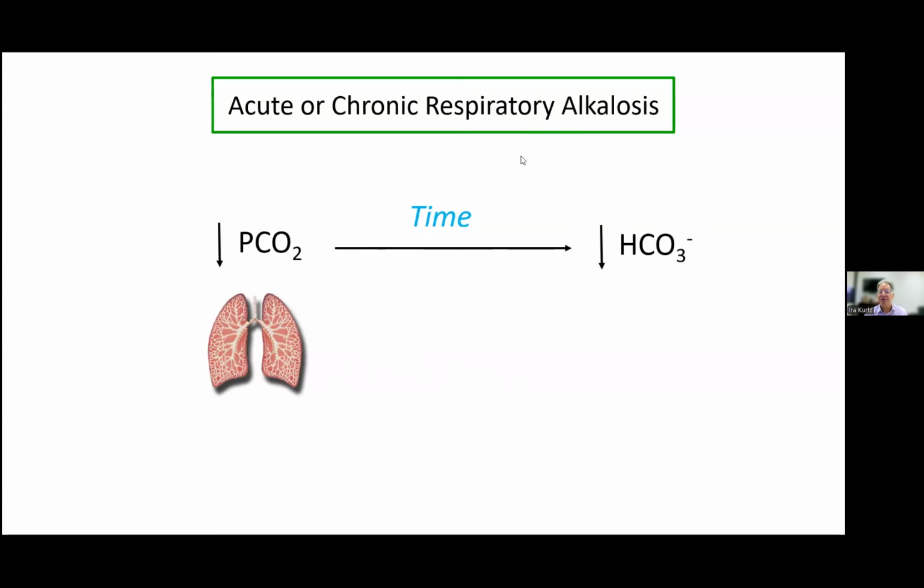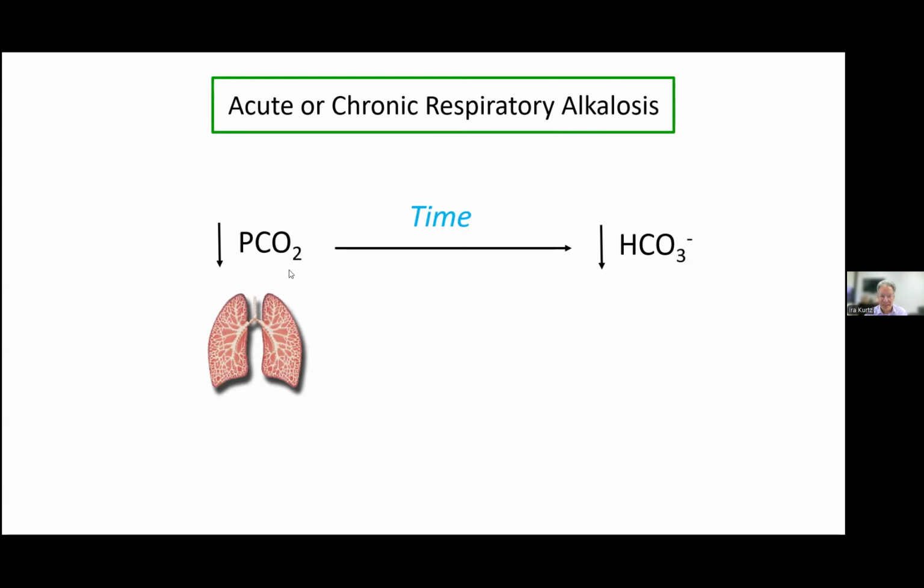Now we divide it up temporally because the magnitude of the bicarbonate drop for a fixed and given drop in the PCO2 differs. So if you have a drop in the PCO2 of, let's say, 10 millimeters of mercury, let's say in a woman it fell from 38 to 28, and I measure the bicarbonate, I'll get a drop in the bicarbonate initially within the first few minutes, but if I keep following that bicarbonate, it'll fall further. And that's why we divide it up temporally.